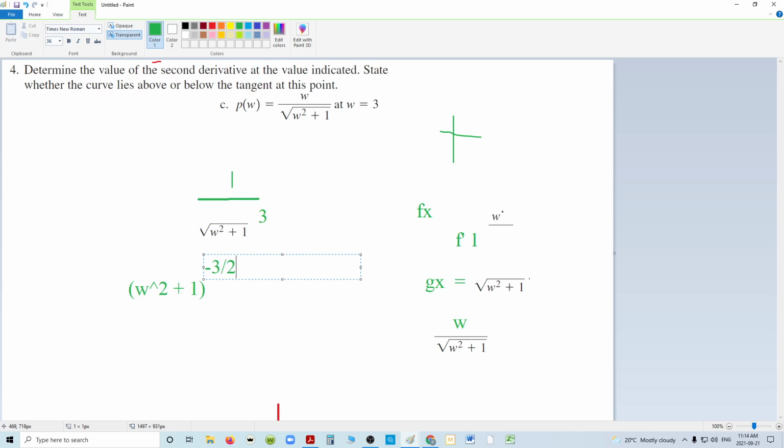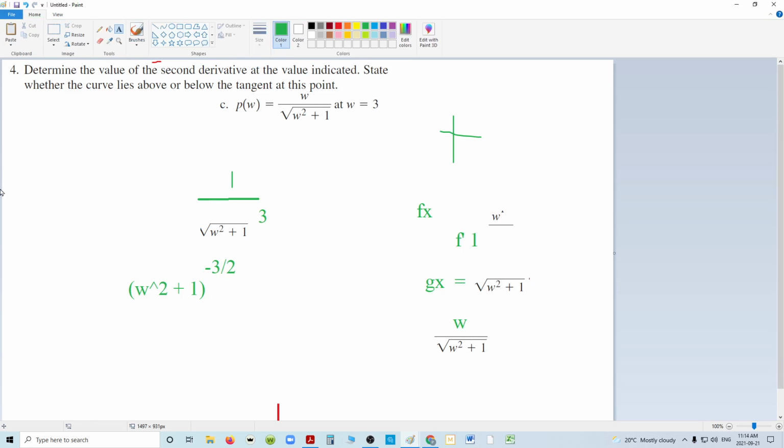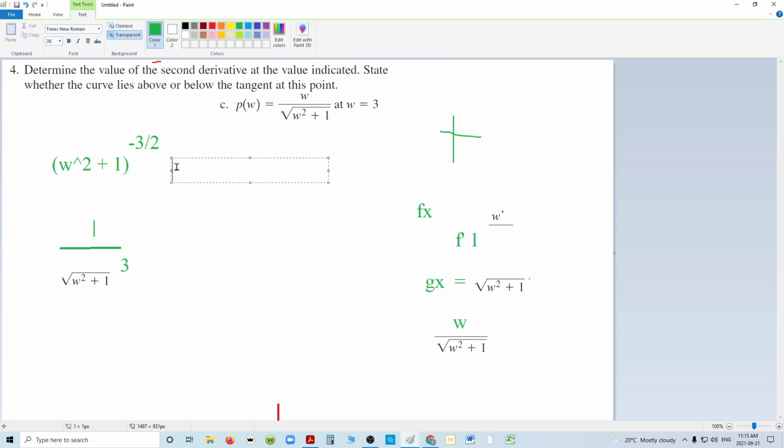The 2 represents the square root, the 3 represents the cube, and the negative means it's in the bottom. So this is essentially the same expression. And all of a sudden, we have the first derivative in 2 different formats. So we're going to make this equal to the first derivative.